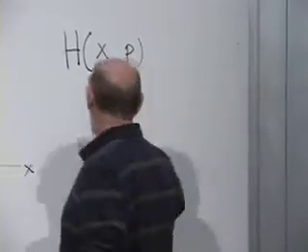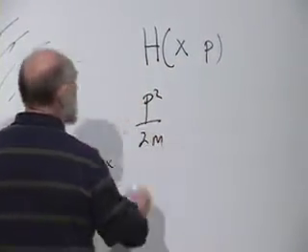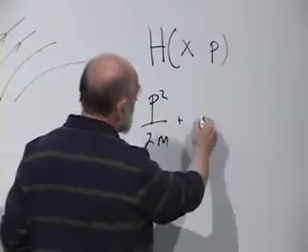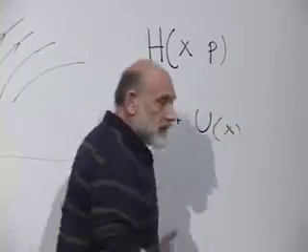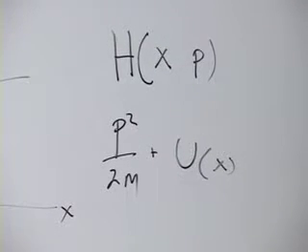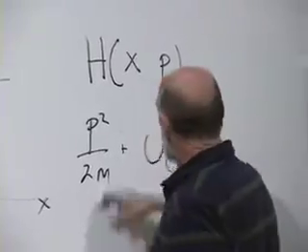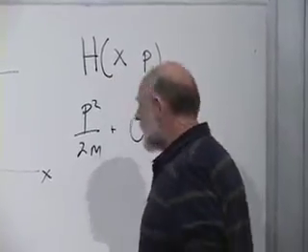So a simple example would be p squared over 2m for the kinetic energy, plus some potential energy as a function of position. That would be an example. The systems have Hamiltonians. The Hamiltonians represent the energy, but they're written in terms of positions and momenta.